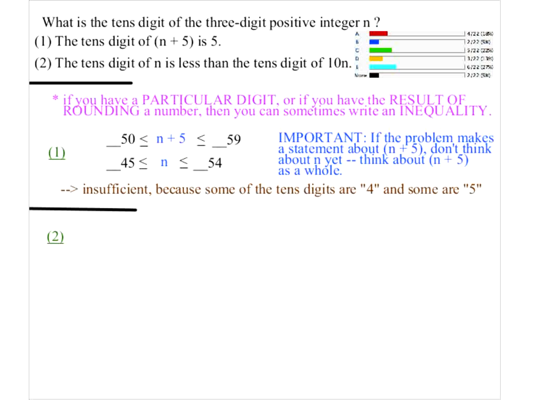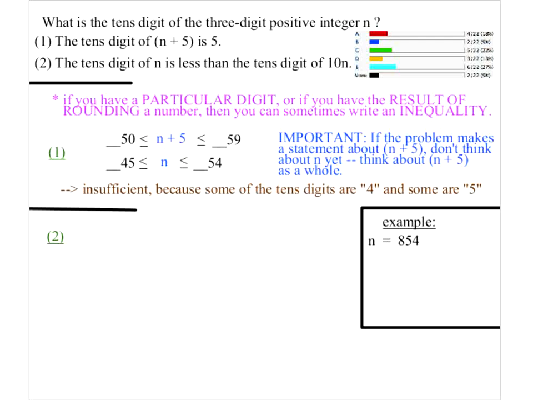So, okay, here's what you do. Here's an example. Let's say that you have n equals like 854.